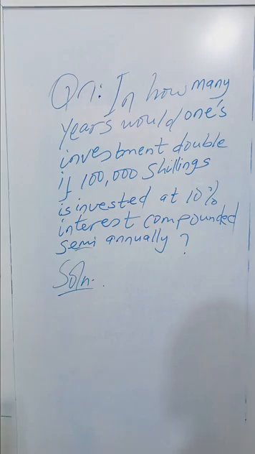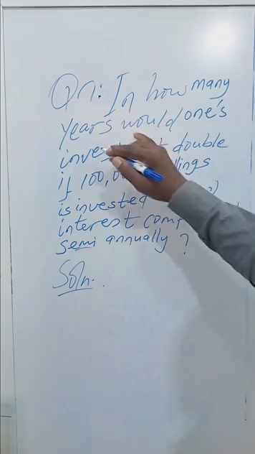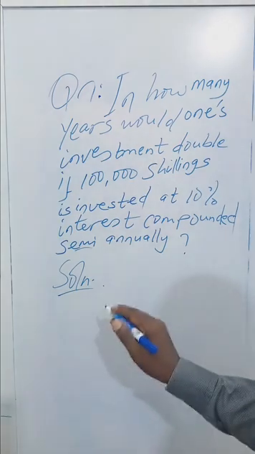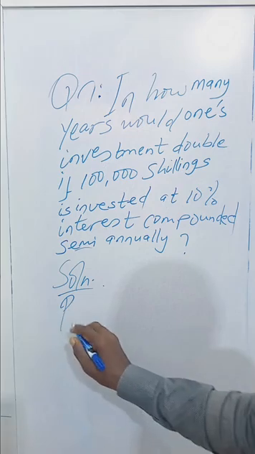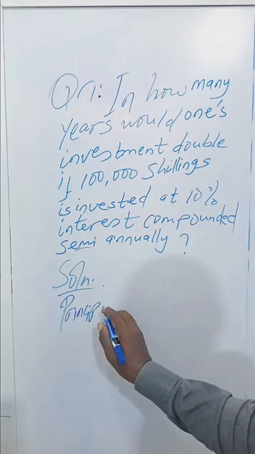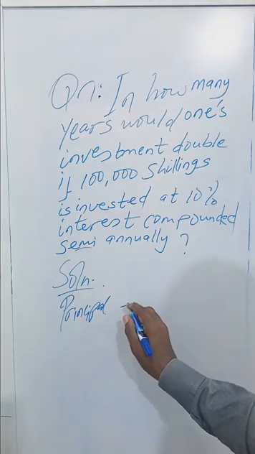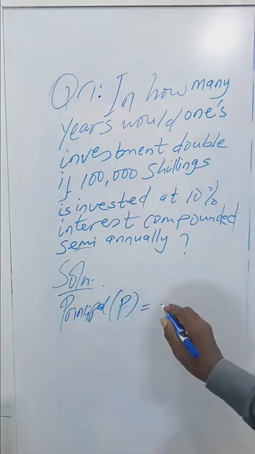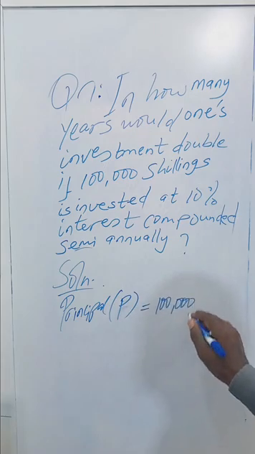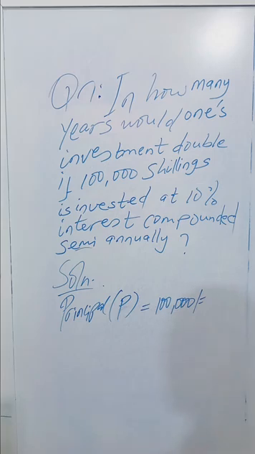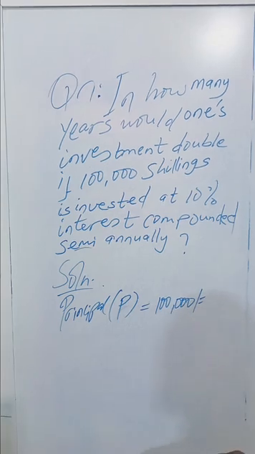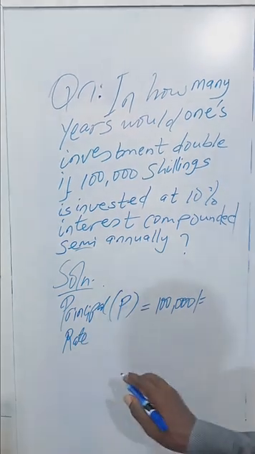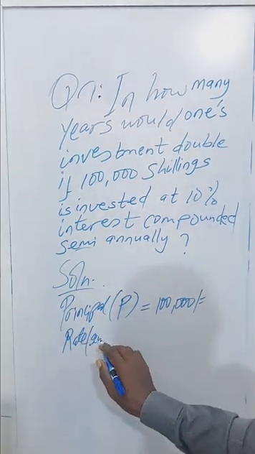What information do we have so far? In how many years would one's investment double? We have the principal amount. Principal, we normally symbolize it in the formula as P. This one equals 100,000 shillings. Then we have been given the rate, but this rate is semi-annually.